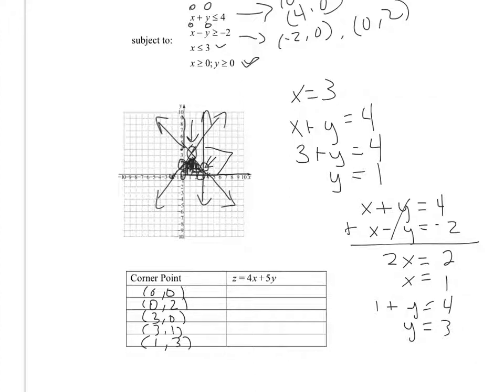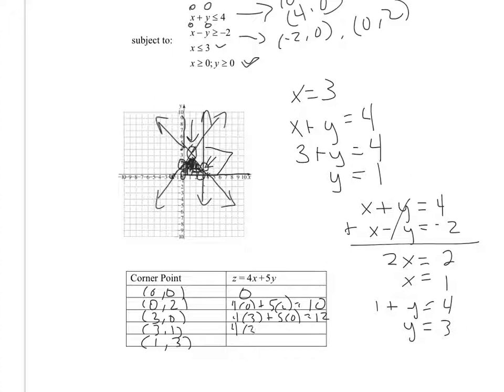So now we're going to plug in and see what values we get when we use this equation that we've been asked to maximize the function with. So 0, 0 is pretty simple. That's going to give me a value of 0. If I plug in 0 for x, 2 for y, I get a value of 10. If I plug in 3 for x and 0 for y, I get a value of 12.